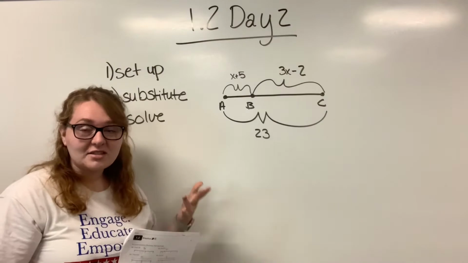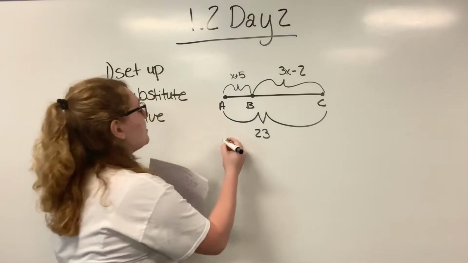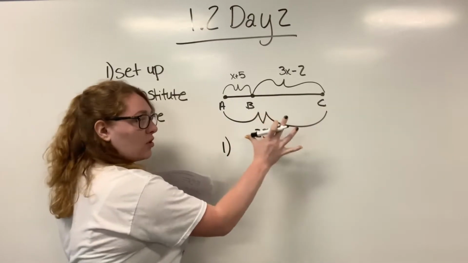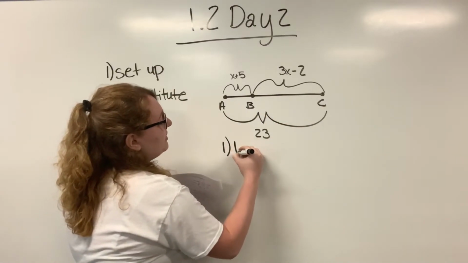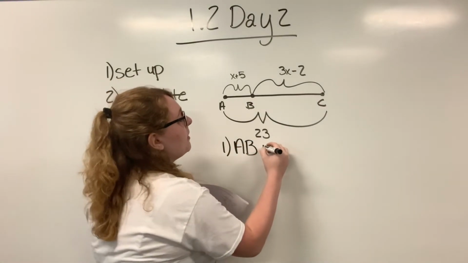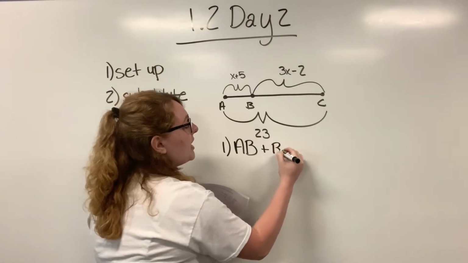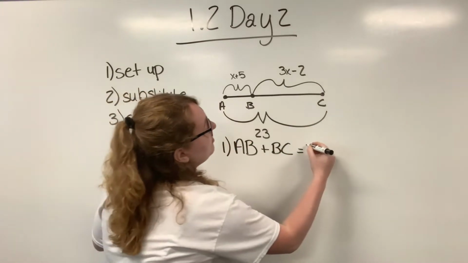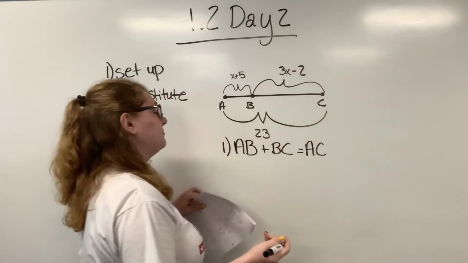We're going to handle this the same way. Okay, step 1, we got to set up. First chunk plus the second chunk equals the whole thing. So we have the distance between A and B, which is why I'm not putting a line over it, plus the distance between B and C equals the distance of the whole thing between A and C.